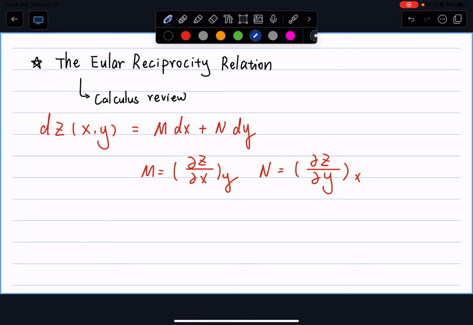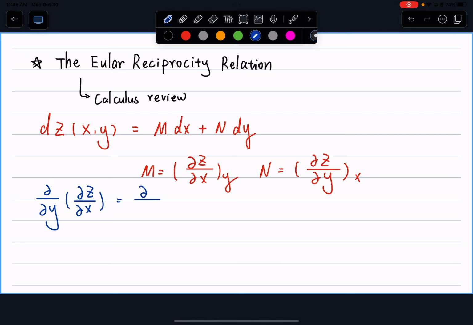And then, when we're working with second partial derivatives, the order of taking that partial derivative does not matter.